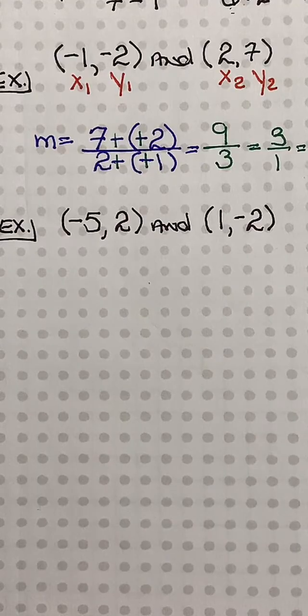Okay. So John's telling me negative 3 and negative 1. Kai is saying negative 3.